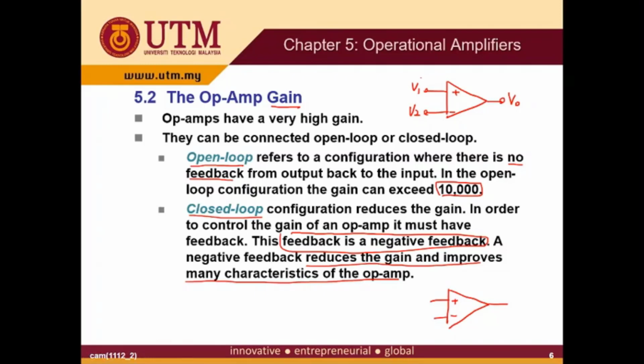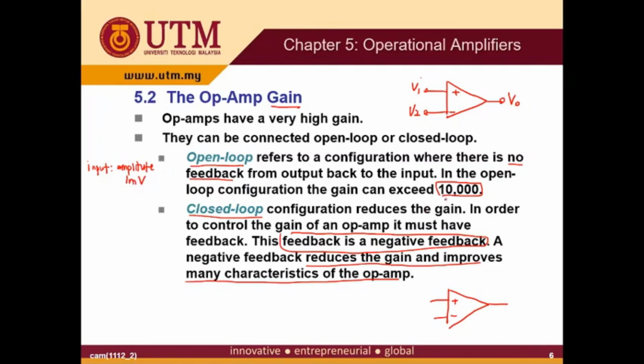Too large. So why? Because let's say the input is a sine wave with an amplitude of 1 millivolt.